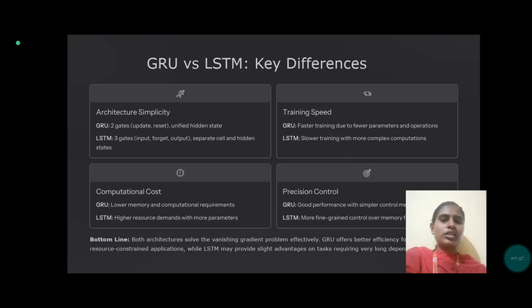Computational cost: GRU uses lower memory, and LSTM has a higher resource demand with more parameters. Precision control: GRU gives good performance with similar control, and LSTM offers more fine-grained control over memory.